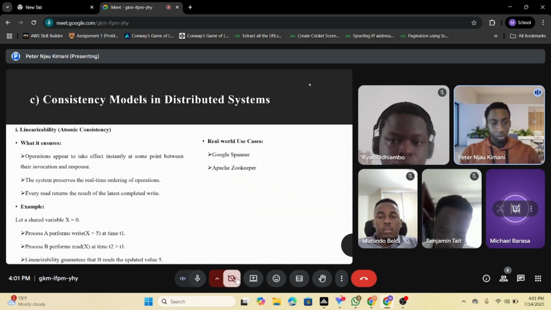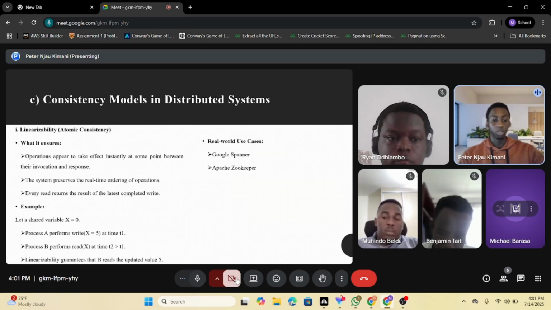So every read returns the result of the latest completed write. An example is, let's say we had a shared variable x where process A performs a write and it defines x equals 5 at time 1.